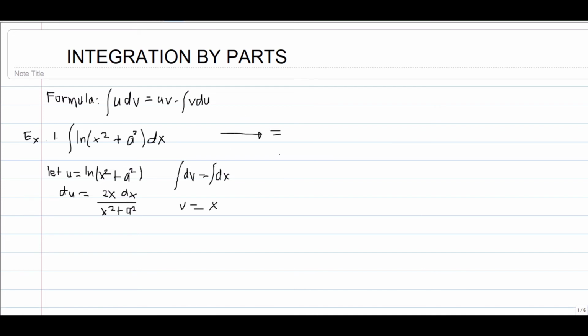So we have u, which is ln of x squared plus e squared, multiplied by x, then minus the integral of v, which is x, times du, which is 2x over x squared plus e squared, dx.